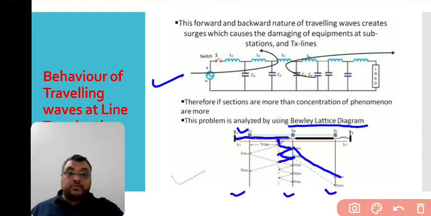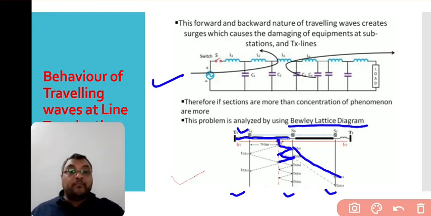I hope you understood from this explanation exactly what traveling waves are, and what the worst effects of those traveling waves are if we do not eliminate or minimize them on the transmission line.